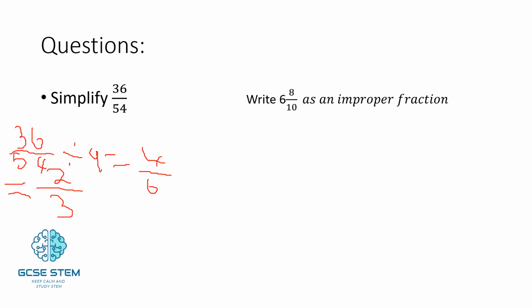So the first step in doing this would be to multiply 6 and 10. And if we were to do that, we would get 60. Now, we have to add on the 8 from the numerator. So if we were to do 60 add 8, we would get 68 over 10.